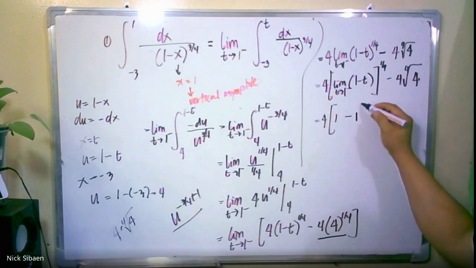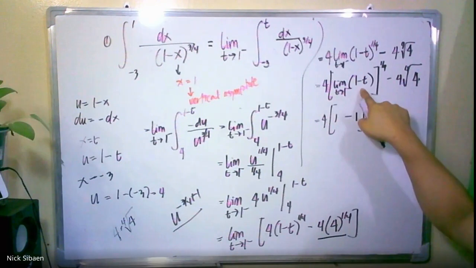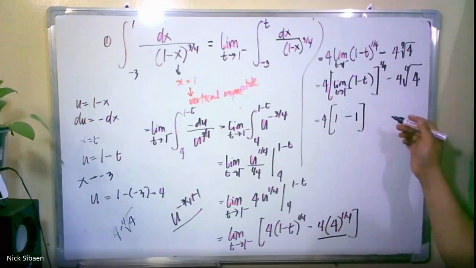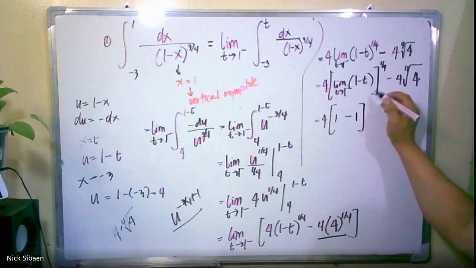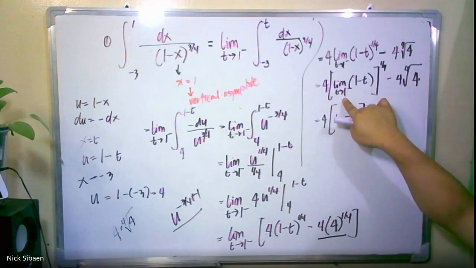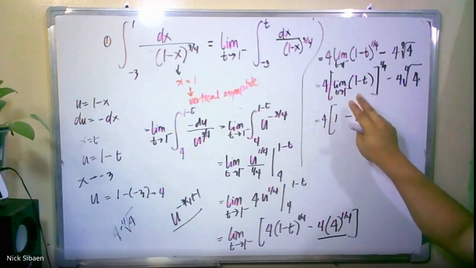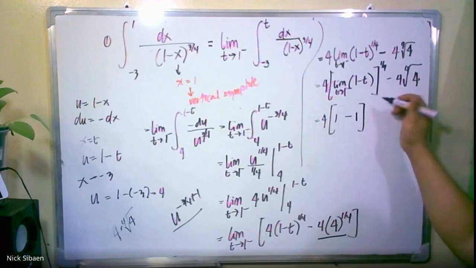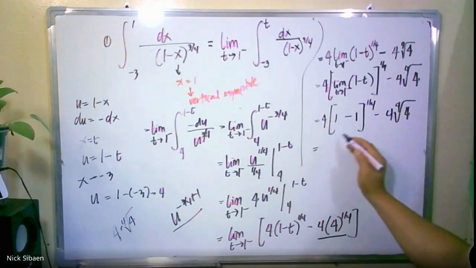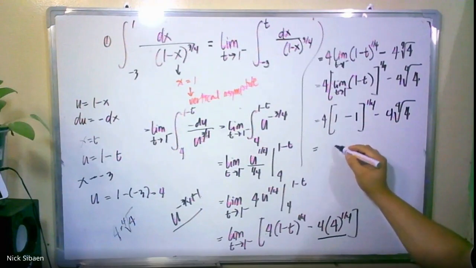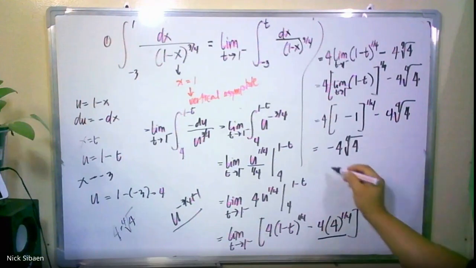Does it actually matter kung from the left or from the right with this simple polynomial? If it's polynomial, i-substitute lang natin yung number dyan. The two one-sided limits are just the same. So actually, magiging 0 yan. Ang sagot natin ay negative 4 times the 4th root of 4.